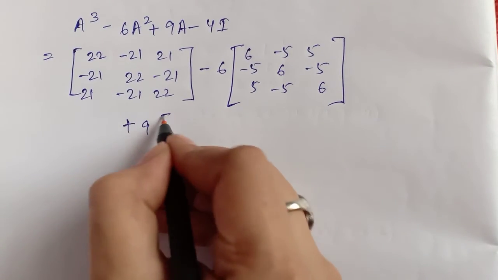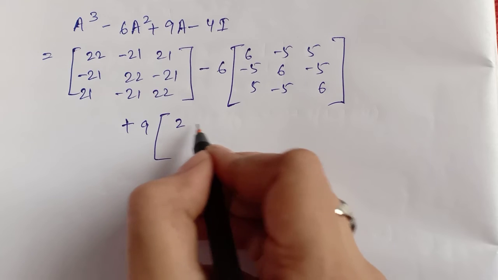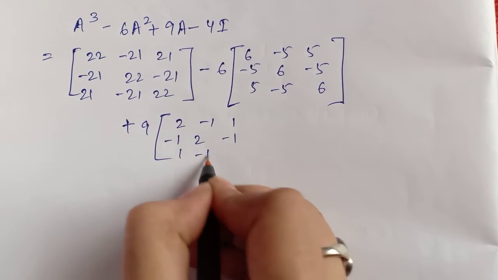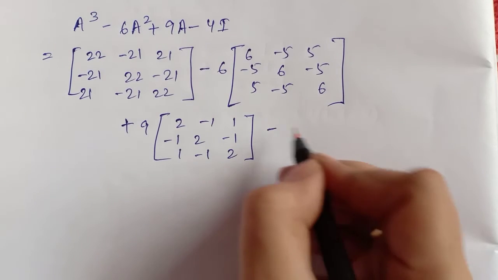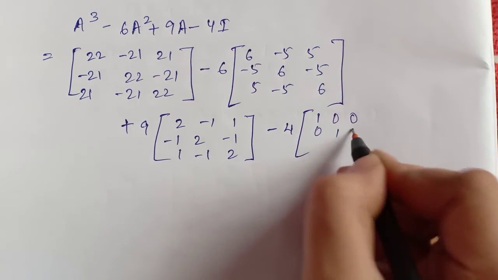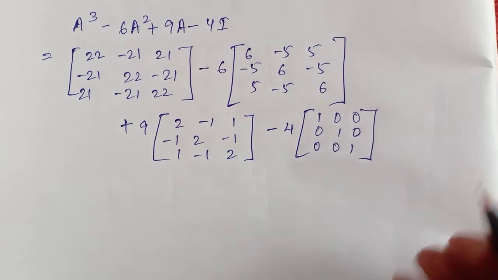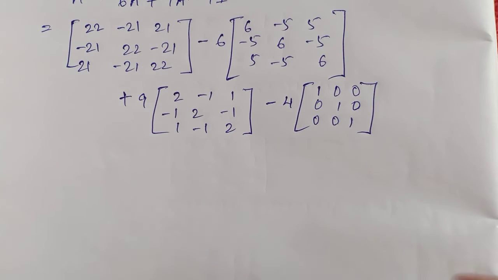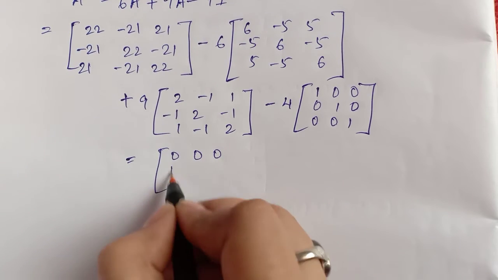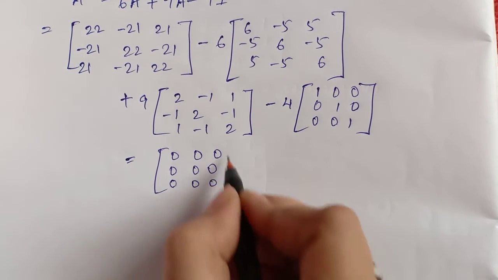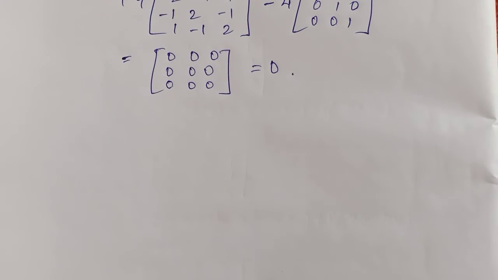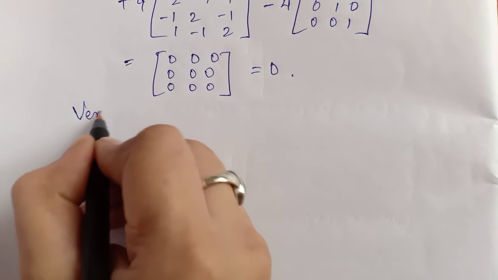Then plus 9 times the value of A, then the unit matrix, which is [1 0 0; 0 1 0; 0 0 1]. After solving all this, we are going to get the zero matrix, [0 0 0; 0 0 0; 0 0 0], which equals 0. Hence, the Cayley-Hamilton theorem is verified.